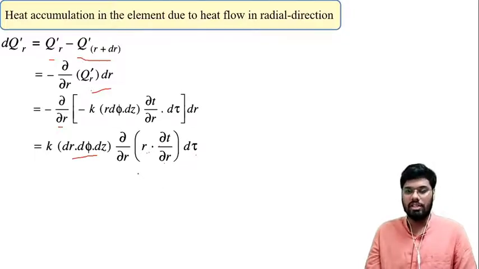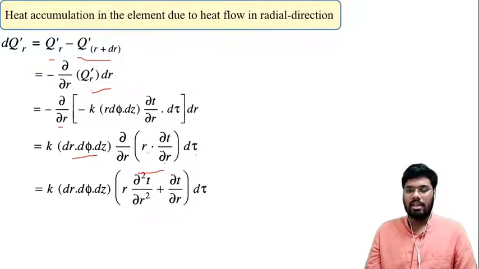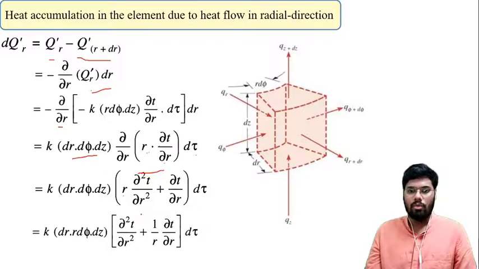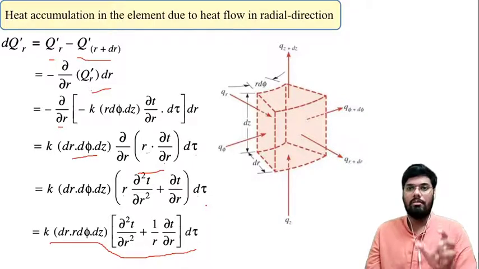Now differentiating this term, the first term will remain as it is, and differentiation of the second term gives del 2 T by del r square, plus this term remains as it is, and del r by del r is 1. If we take r out of the bracket, it would become r times, and we have to divide the other term by r, so 1 by r. So this is the amount of heat accumulated within the element due to heat flow in the radial direction.